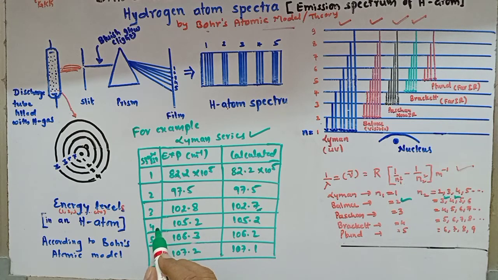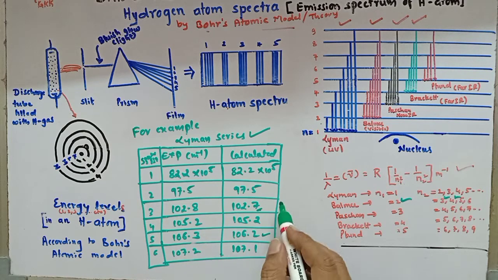The fourth spectral line frequency is 105.2 experimentally, and the calculated value is 105.2 only. The frequency of the fifth spectral line of the Lyman series is 106.3 experimentally observed, whereas the calculated value is 106.2. The last spectral line frequency is 107.2 experimentally, whereas the calculated value is 107.1.